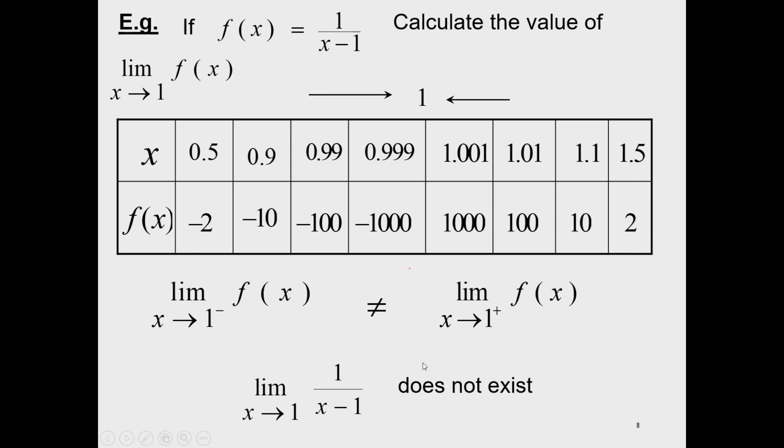That is what we said in our previous slide, that when these two limits are not the same, left hand side limit is not the same as right hand side limit, limit does not exist. So this is how we write using the two-sided limit. Limit as x approaches 1 of f of x does not exist. Why? Because they are not equal.